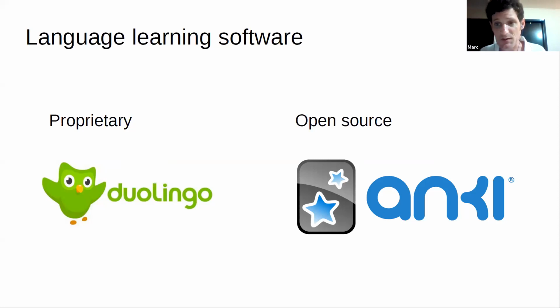It has sentence construction problems, for example. And Anki is a fabulous open source project, but it is mostly used for vocabulary problems. So we want to be open source, but include problems like sentence construction or conjugation and problems of that nature as well. It's a little challenging, what we're trying to build.